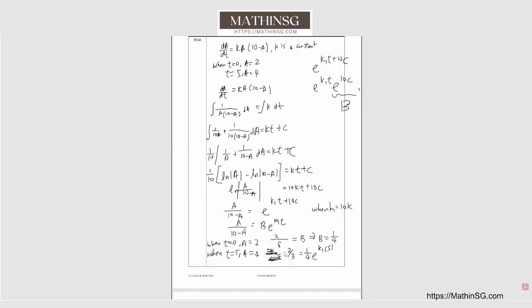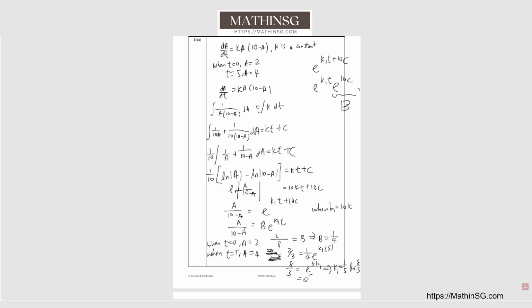I'll multiply both sides by 4, so it will be 8 over 3 equals e to the power of 5 k1. So in other words, k1 is equal to 1/5 ln 8 over 3, because I ln both sides, I'll have 5 k1 equals ln 8 over 3, right? So now I have found k1.